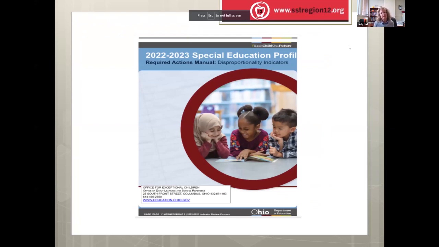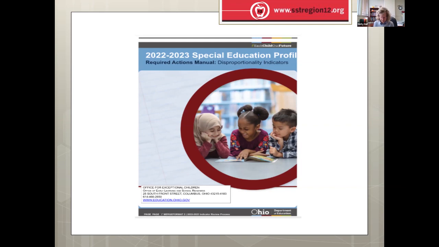So in the profile, you have direct links to the manual. And in the manual, it outlines all of the different levels of required actions. And this looks different across our districts in terms of what's required moving forward.